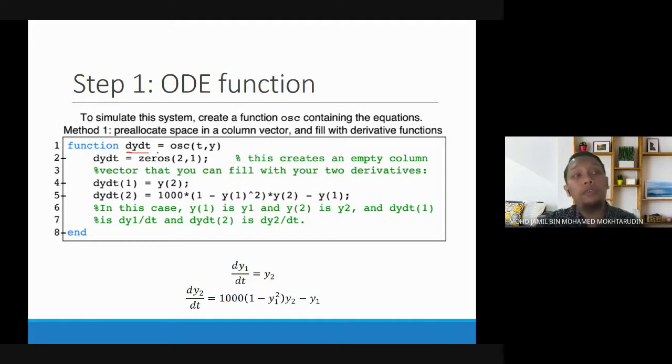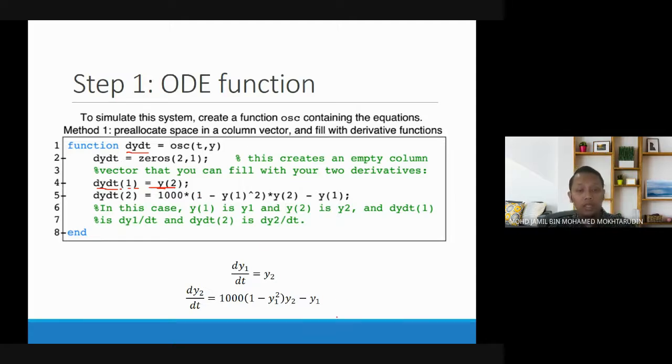Because we have two ODEs, to differentiate between the first and second ODE, for the first ODE we write dy/dt bracket 1, which represents dy1/dt, equals y2. To write y2, you just write y bracket 2.